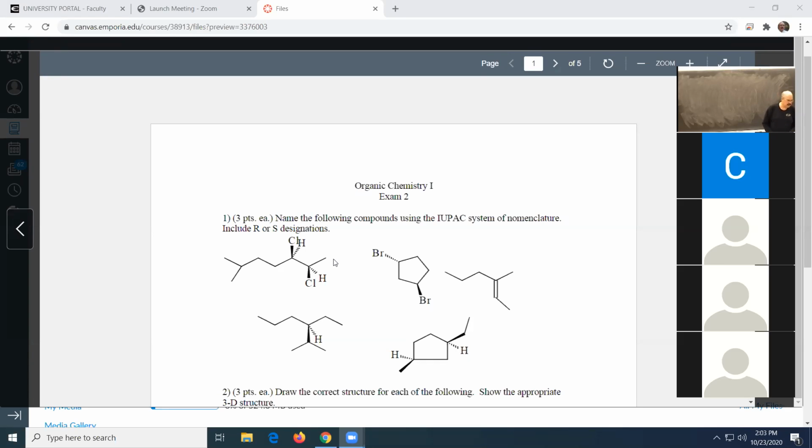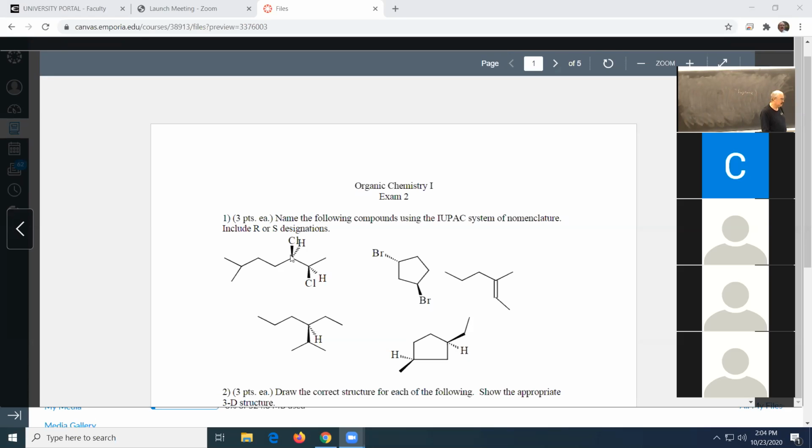So that's heptane. And the substituents are closer to the right side, so we'll start here.